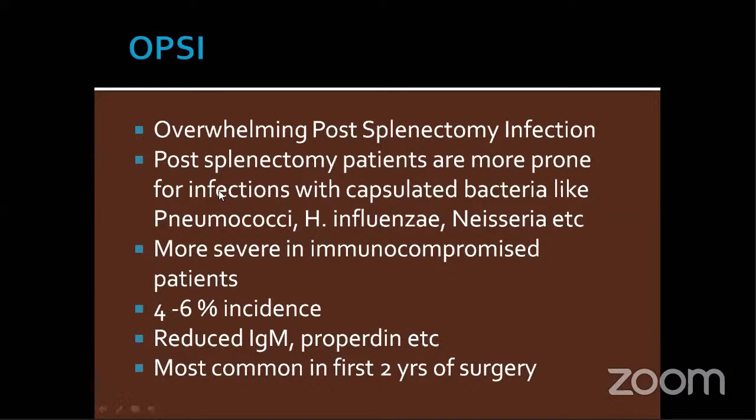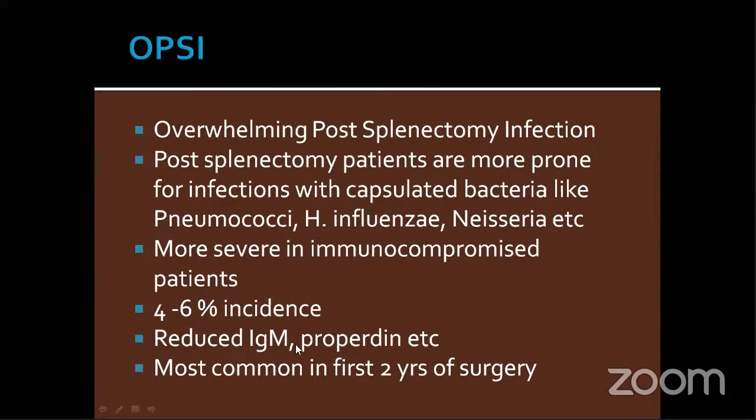Most common is pneumococci, then in descending order H. influenzae, Neisseria meningitidis, Babesia, and other capsulated organisms. It is more pronounced in immunocompromised individuals, either in HIV, or if the patient has uncontrolled diabetes mellitus, or even if the patient is on anti-cancer drugs. The incidence is 4 to 6%. So these are the typical catchy MCQ percentages.